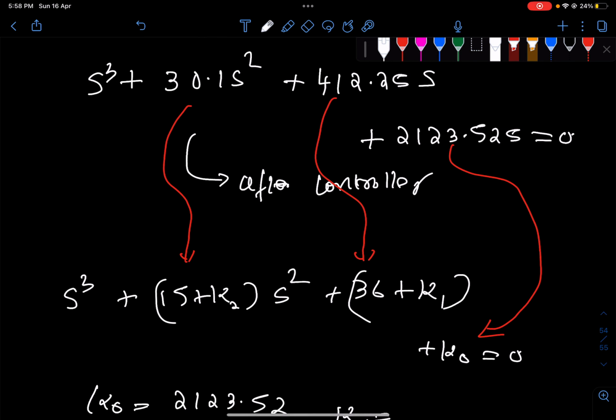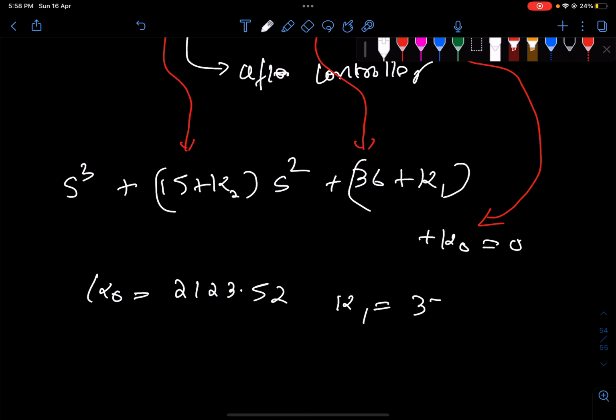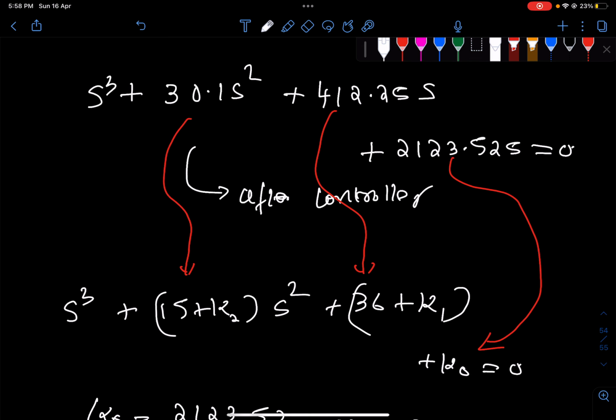From 412 you subtract 36, so 412.25 minus 36, that is 376.25. And k2 will be what? From 30.1 you just subtract 15, so 30.1 minus 15.